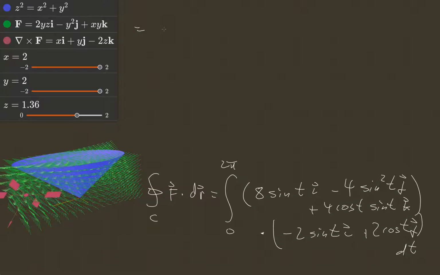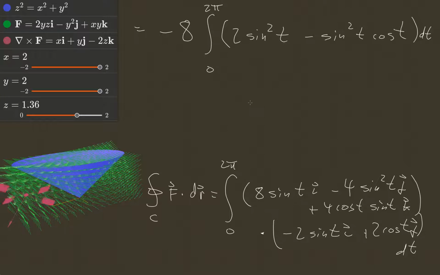First let's pull a negative 8 out of everything. So negative 8 times the integral from 0 to 2 pi of 2 sine squared t minus sine squared t cos t, and then the k term goes away, dt.